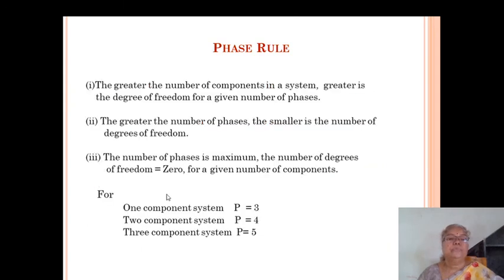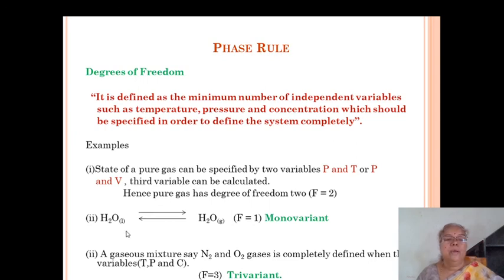Then in this case, this equilibrium, H2O in a liquid state is in equilibrium with water in a gaseous state. That means when there is an equilibrium between liquid and its vapor, to specify such a system, we can fix only one variable and that is the temperature.